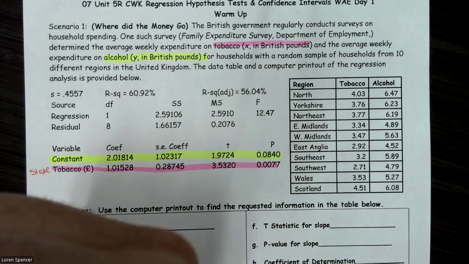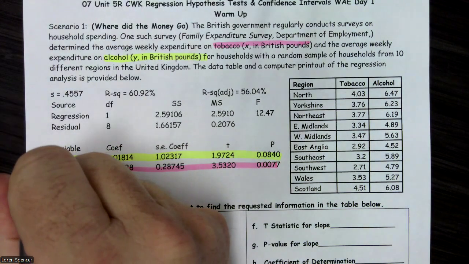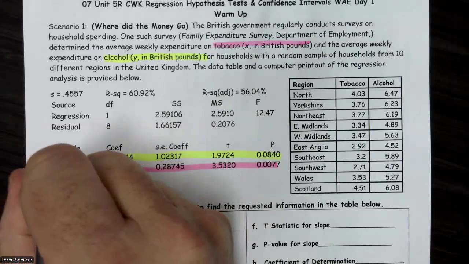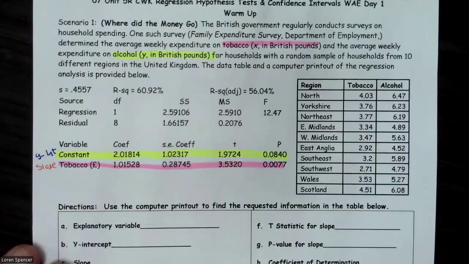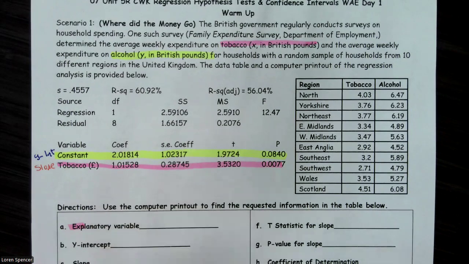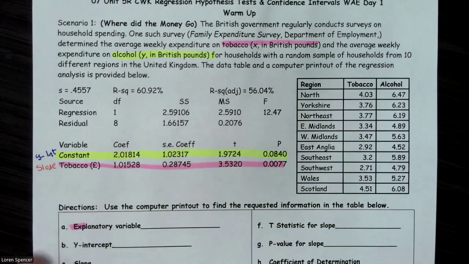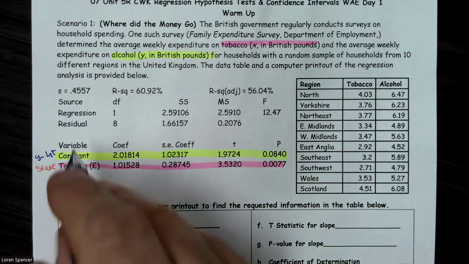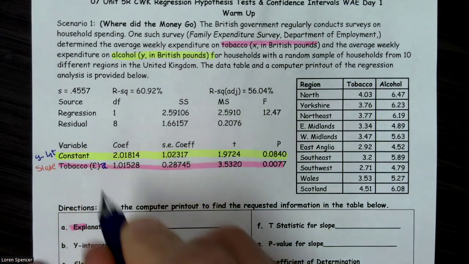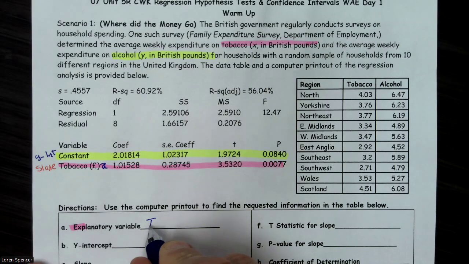And this, I'm going to put y-int because I don't have room to write intercept. So y-intercept. All right. So the first thing it asks for is our explanatory variable. Well, explanatory variable is x, and x is associated with the slope, and the explanatory variable is right below the constant. So our explanatory variable in this case is tobacco.